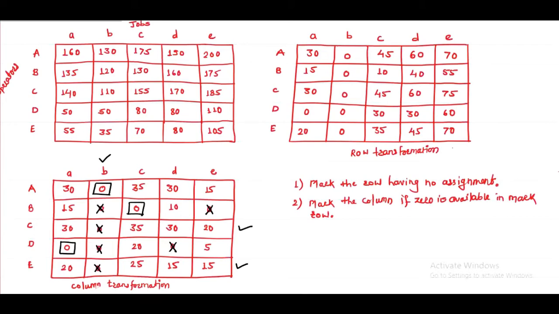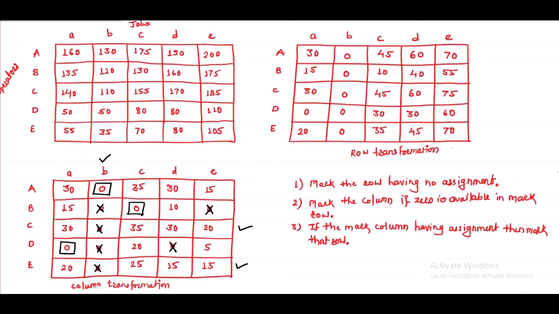Now after this, the third step is if the marked column has an assignment, then mark that row.